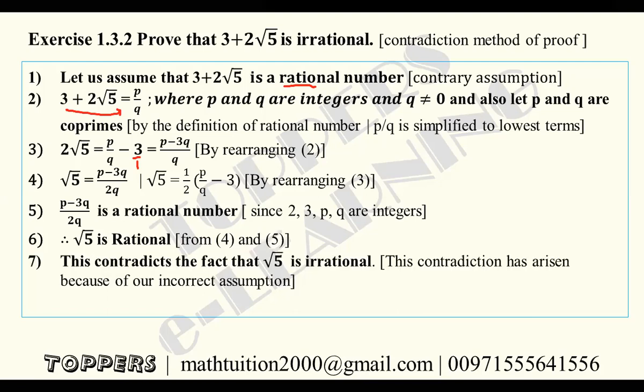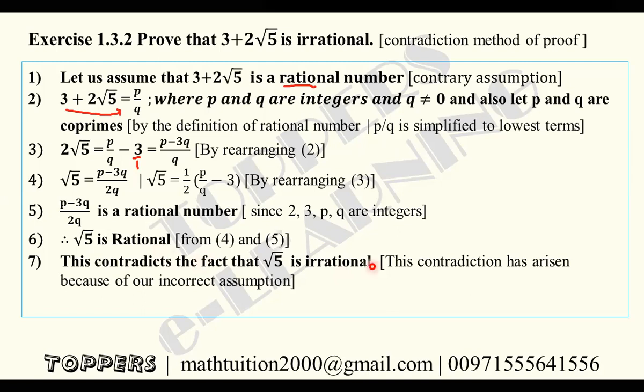Seventh statement. This contradicts the fact that root 5 is irrational. We know root 5 is irrational; we have proved it in the previous classes. So according to statement 6, it contradicts.